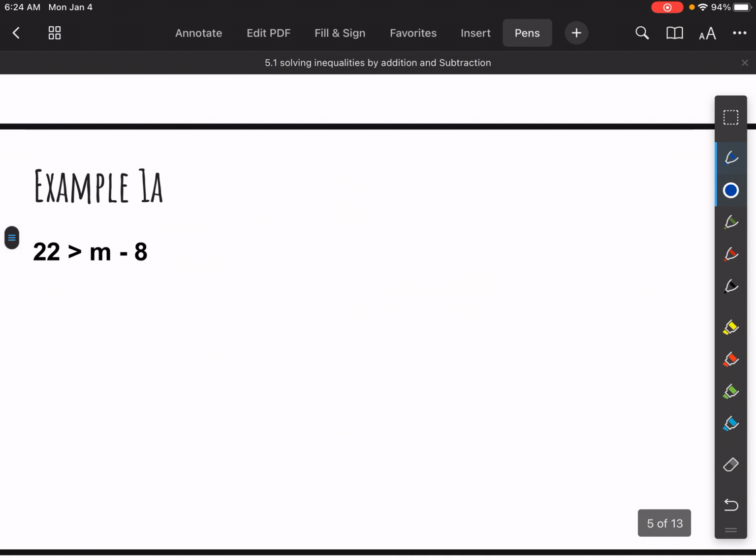So example 1a. What do we do here? We follow the exact same things we did at the beginning of the year in Algebra 1, where we solve the equation and don't worry too much about the inequality sign. It just becomes part of it. The goal of algebra is to get the variable by itself. So we want this m by itself.